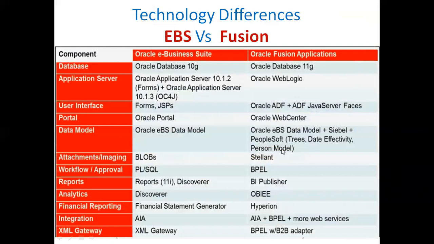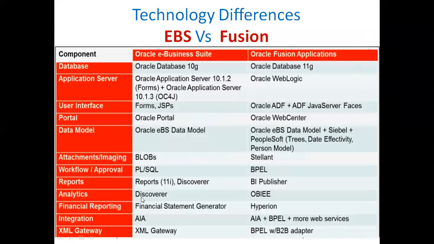So here we will see 90% of the Oracle applications EBS data model is continued in Fusion also, but we can see that CBEL plus PeopleSoft trees are also included. And attachments, blobs, and for workflow we used to write PL/SQL code, and now we are using BPEL. For reports, 11G, here we are using BI Publisher.